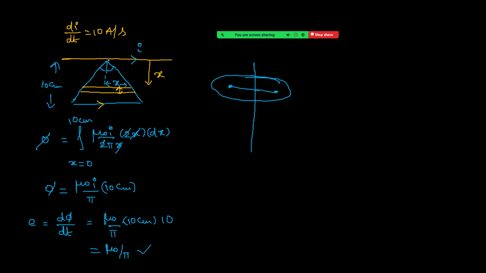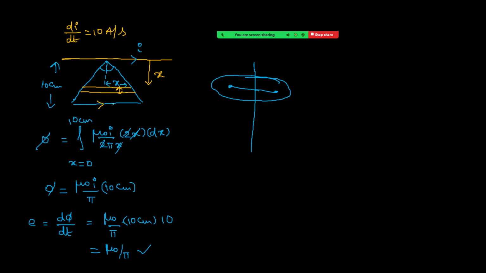When you are taking current flowing like this and this current is increasing, the flux value will increase here. So to decrease this flux, the direction of the induced current is in such a way that it opposes the cause of its production. Then there must be repulsion between these two.